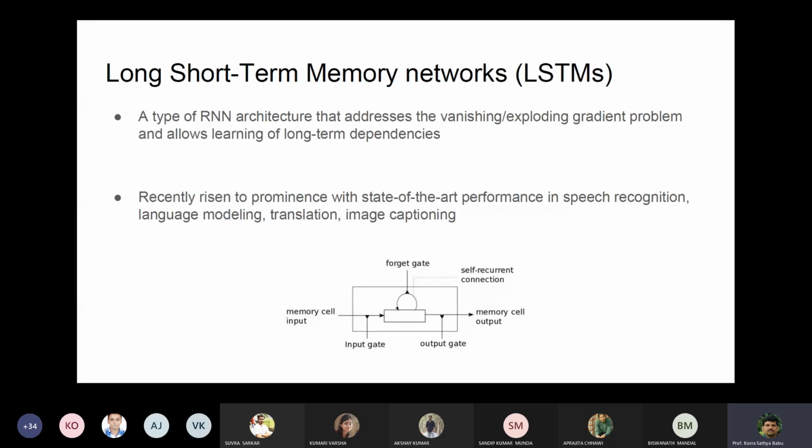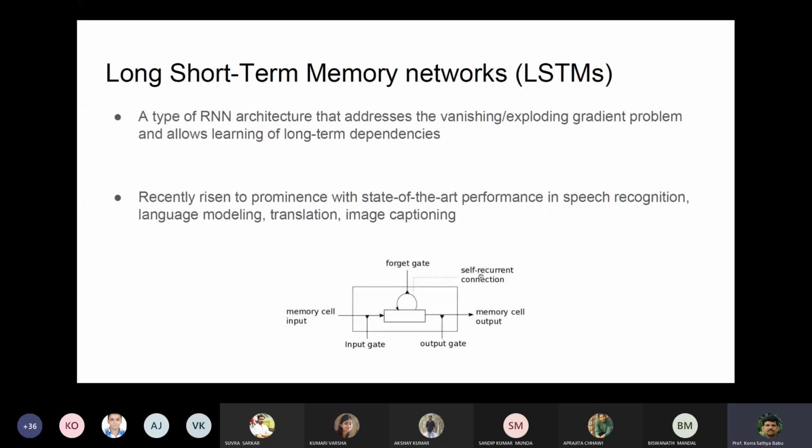You have a memory cell. This memory cell is supported by the forget gate, which has the self-recurrent connection, and you have the input gate and the output gate. This memory cell completely combines the forget gate, input gate and output gate.